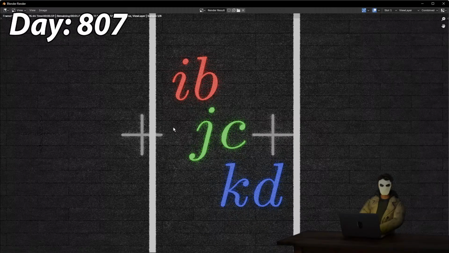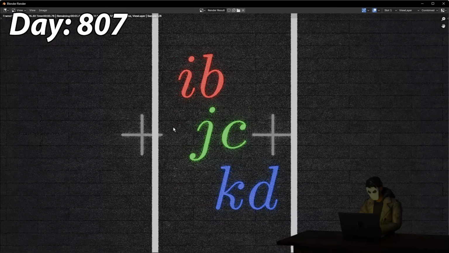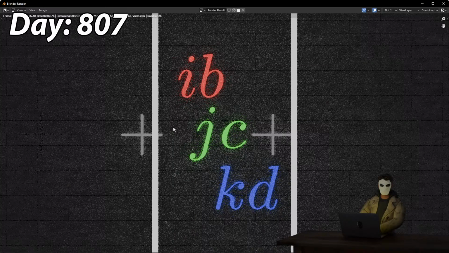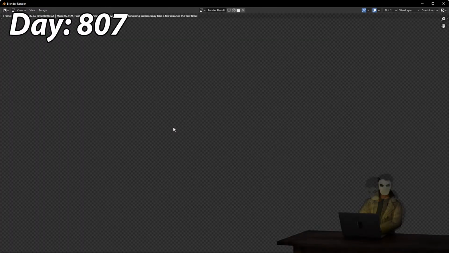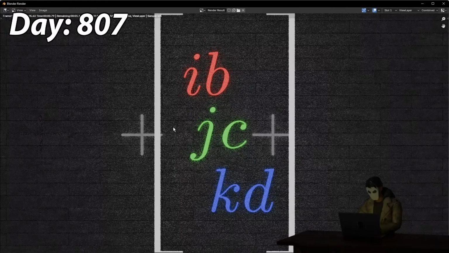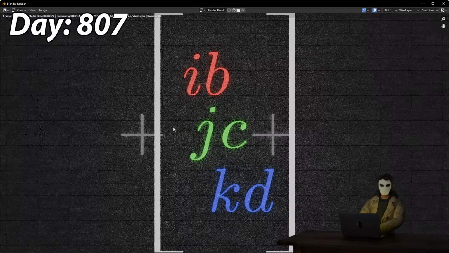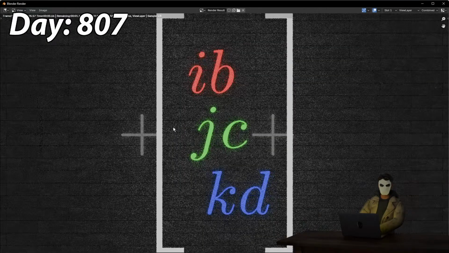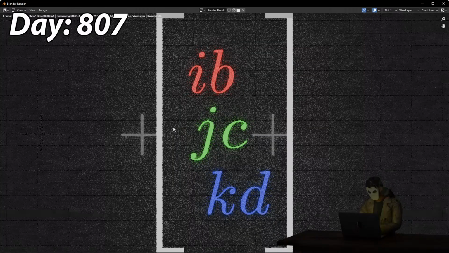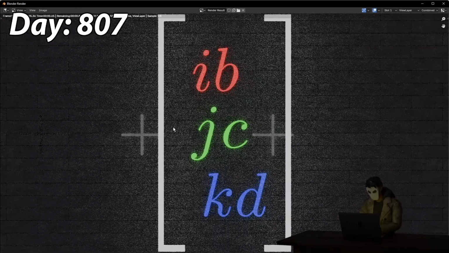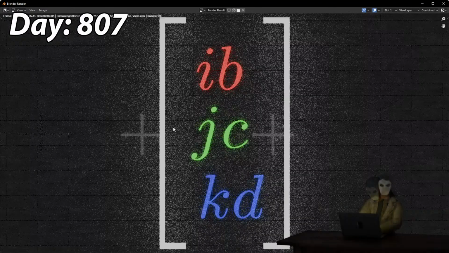It should be IJK, BCD, T. Oh, wait, what? It should be two vectors multiplied. Why? Wait, is it really? Because in that case I messed up. Wait, no, it will work with the cross product. What do you mean?